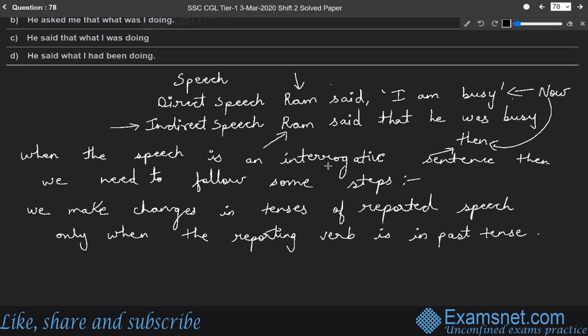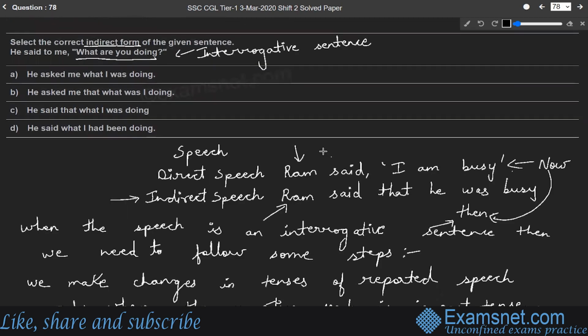All right. Now coming to the steps that we need to follow to change this speech into the given form, which is indirect form. The first step is that the verb said will be changed to asked. You can see that in the given sentence, the verb here is said. So this verb will be changed to asked. This is the reporting verb here, right?